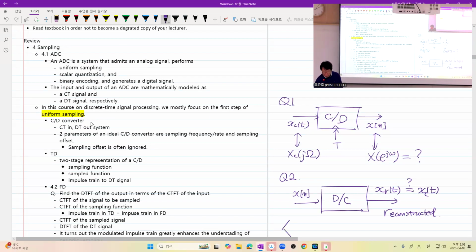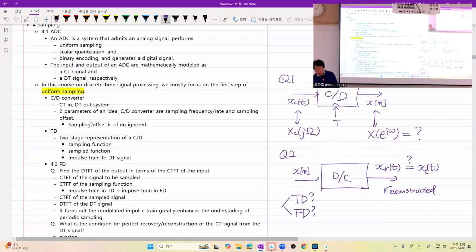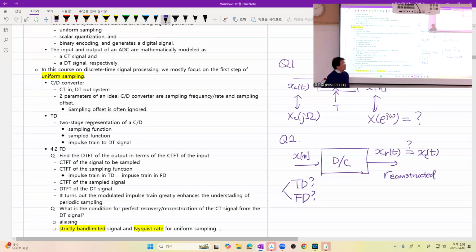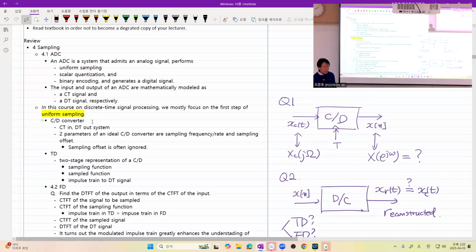So you need to ask yourself, how can you describe the C2D converter's output in the time domain and frequency domain? And how can you describe the D2C converter's output in the time domain and in the frequency domain? Got it? So if you learned already, but don't remember, then stop and think.